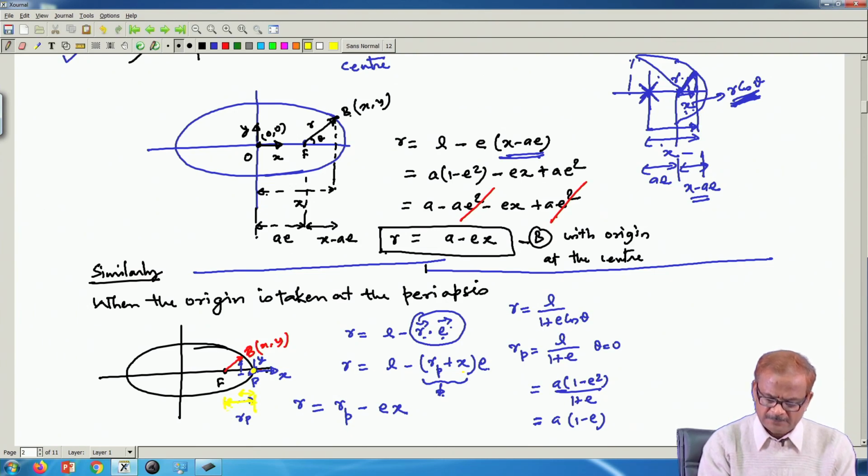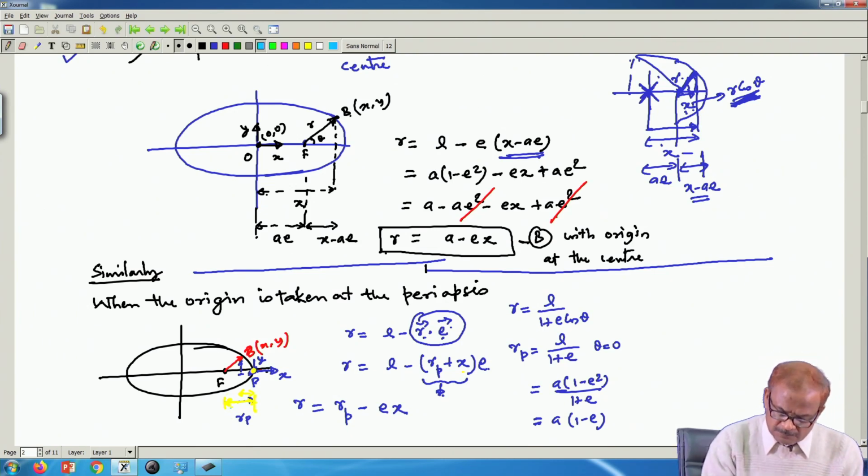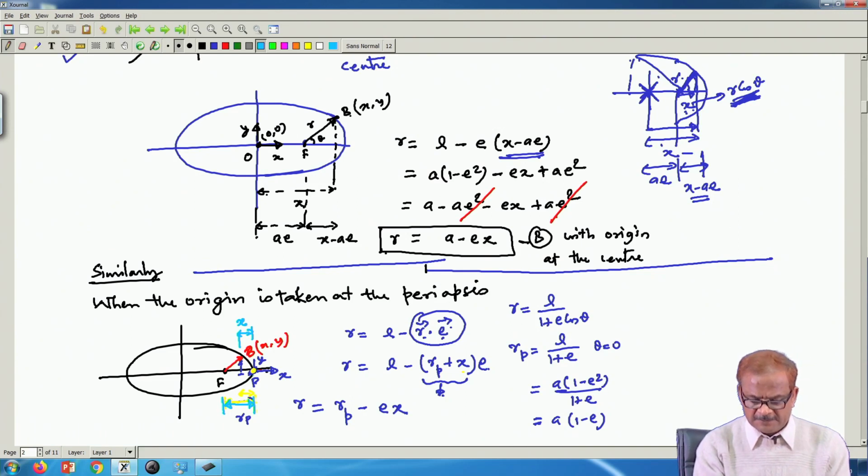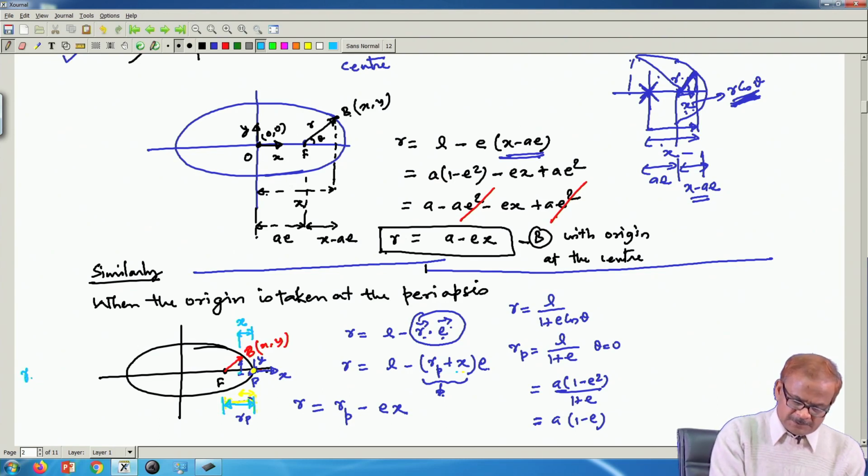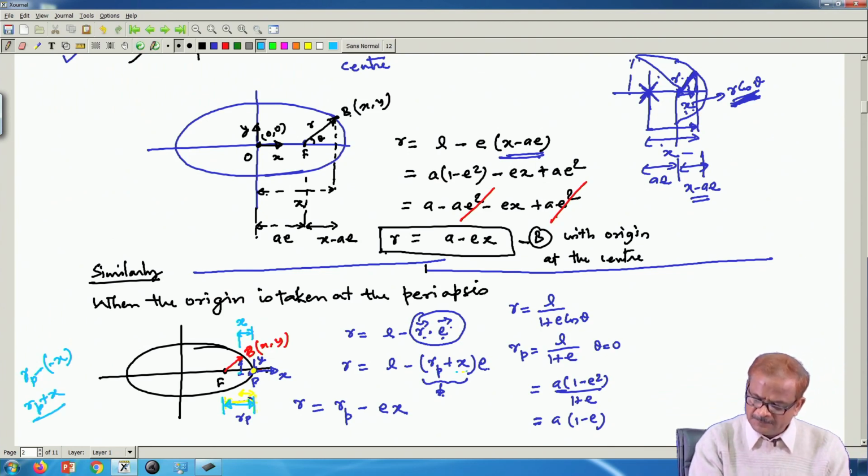And this distance is your x, but here in this case you are taking it on the negative side, so we put a minus sign. So, this is r p minus x, that becomes r p plus x, and accordingly we have written r p plus x, and E remains as usual.